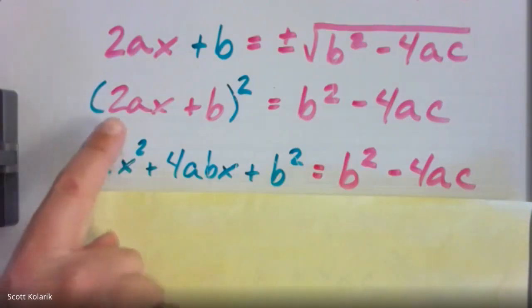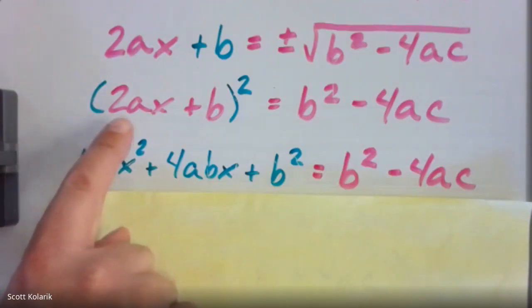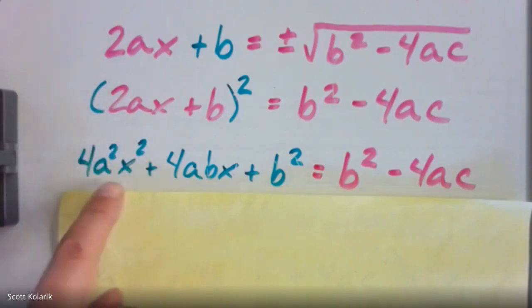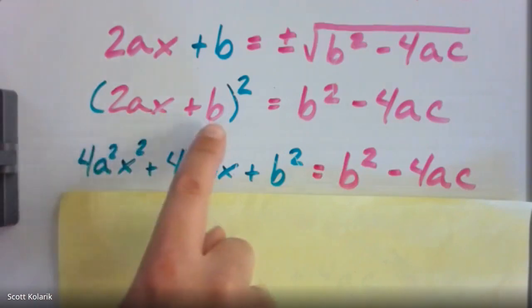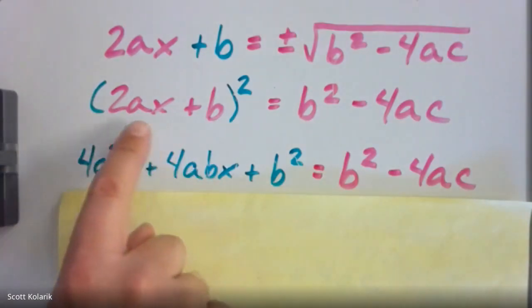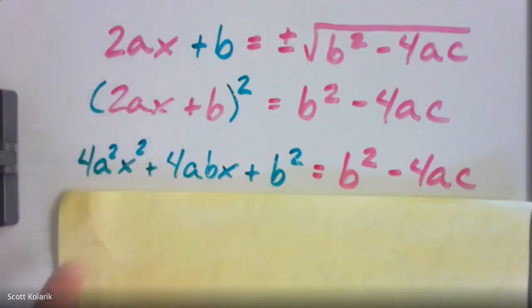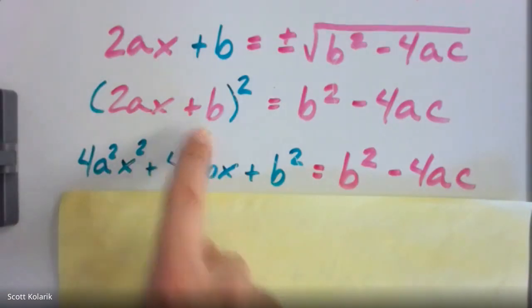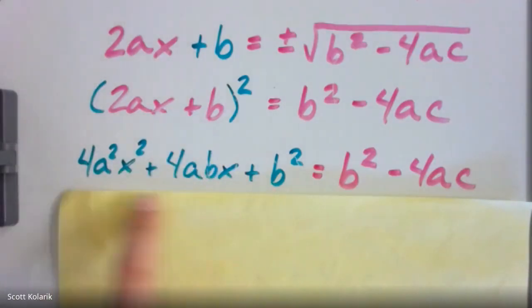Just quickly talking through it, 2ax times another 2ax would end up squaring each of those terms, right? 2ax times b would give me a 2abx, but then when I multiply this times itself, I'd have a b times 2ax as well. And when I add them together, I'd end up with that middle term. And lastly, the b times itself would give me the b squared. So this is just the distribution and collection of like terms part of that same element squared.